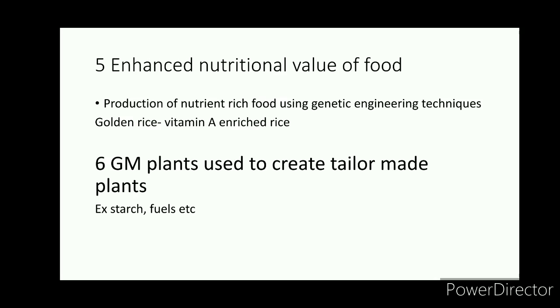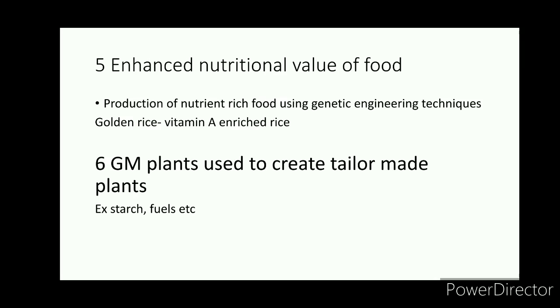Now, these nutrients can be enriched in these plants using recombinant DNA technology or genetic engineering techniques. That is production of nutrient rich food using genetic engineering techniques. For example, vitamin A enriched rice can be produced using recombinant DNA technology. It is known as golden rice.